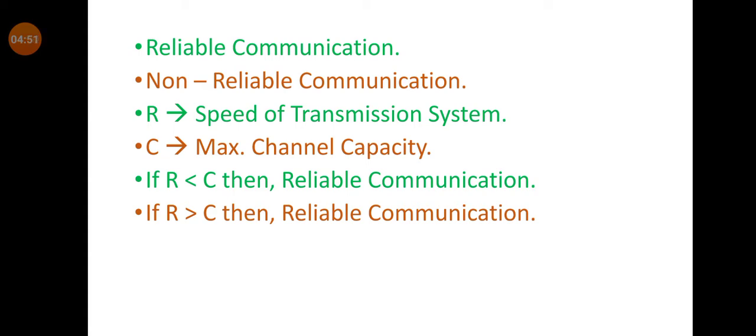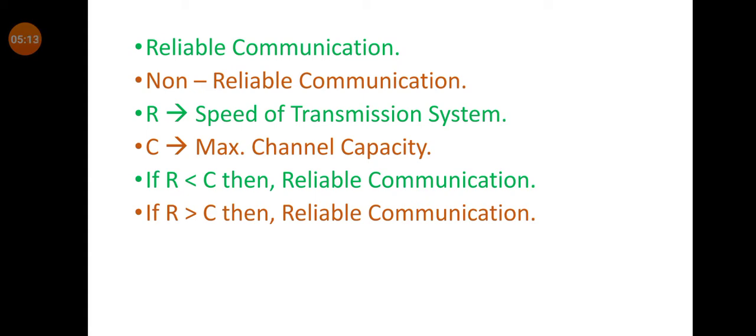Now we concentrate on a few terms we are using here. To understand Shannon channel capacity, you have to understand these basic concepts first. The first one is reliable communication. What is meant by reliable communication? Reliable communication means the error rate can be made arbitrarily small by proper coding.